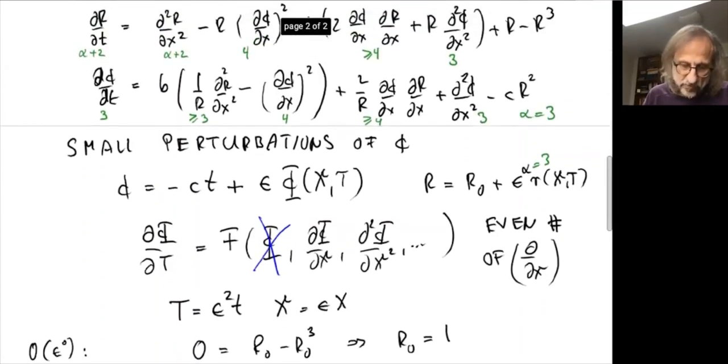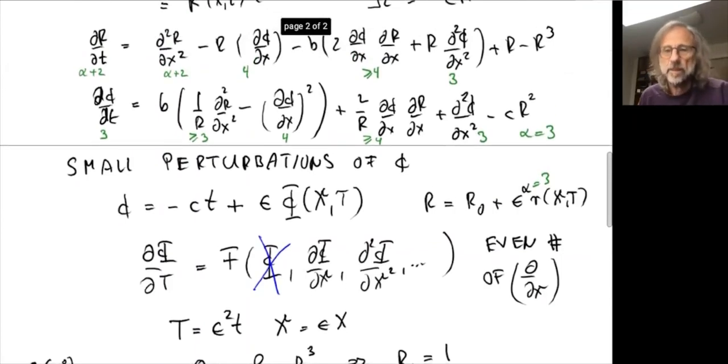First we should do the R equation, right? If alpha is equal to 3, then this term is 5, this term is 5. So these are completely negligible. This is negligible. This is also negligible. And so at cubic order, we have only this term and whatever comes from here. Okay, let's write that down.